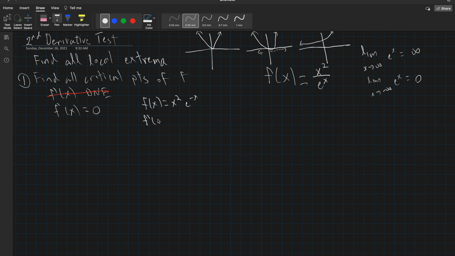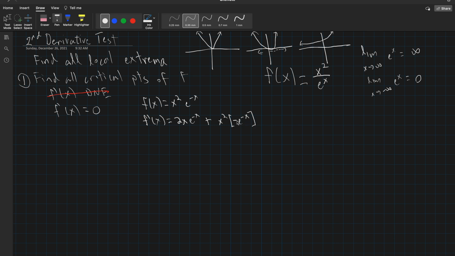So f prime of x is going to be equal to the derivative of the first term times the original second term, plus the original first term times the derivative of the second term, which is negative e to the negative x.